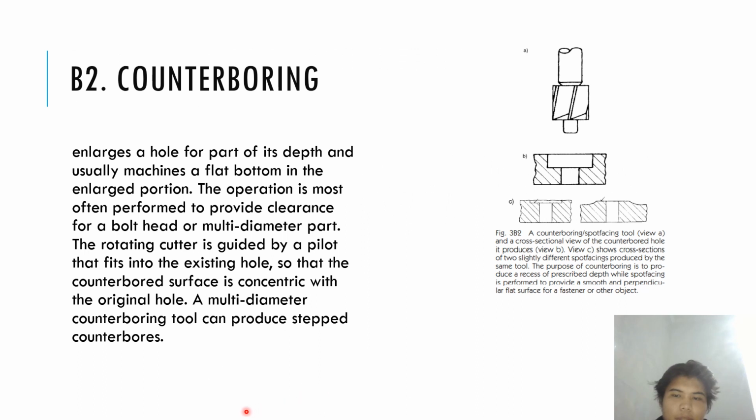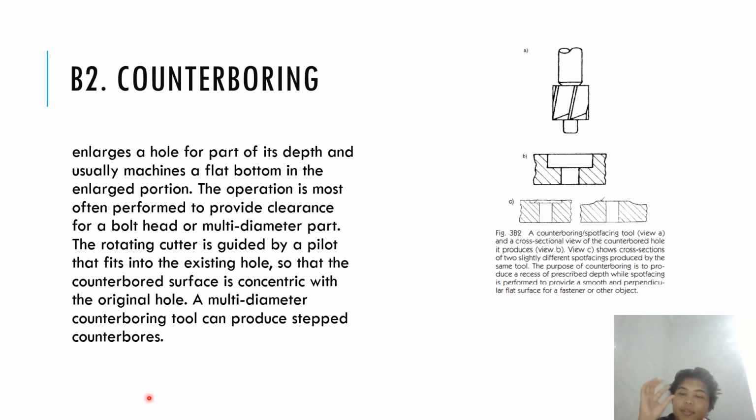Counterboring. Counterboring enlarges a hole for part of its depth, and usually machines a flat bottom in the enlarged portion. The operation is most often performed to provide clearance for a bolt head or multi-diameter part. So the difference from the previous one, drilling, is that with drilling you are just making a hole without any end.